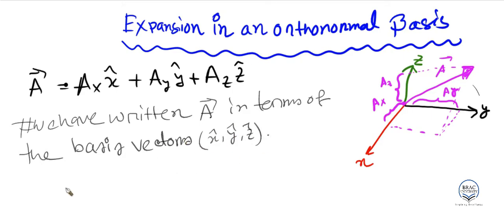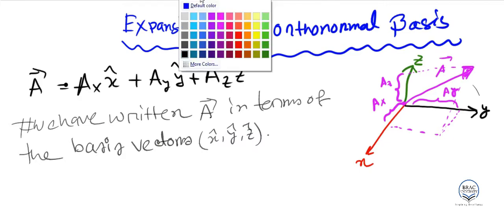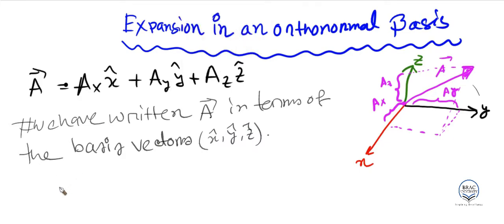And these vectors satisfy the following, that is, they are orthonormal to each other. The dot product is 0 whenever the two directions differ, that is, if you take x hat on the left side, put a dot product, and the other is y hat or z hat, this is always 0, and if it's dotted with itself, this gives you 1.